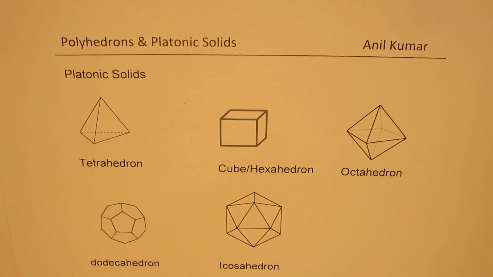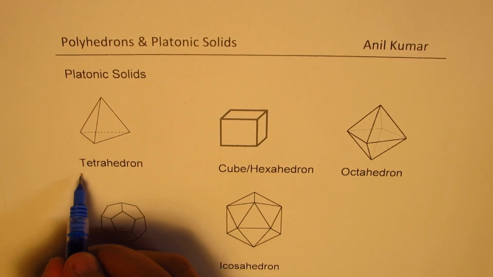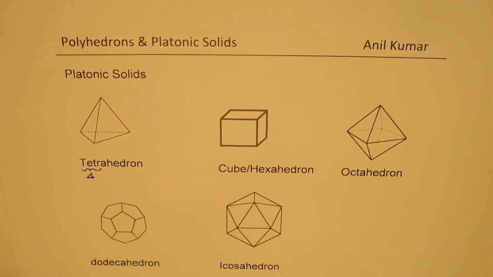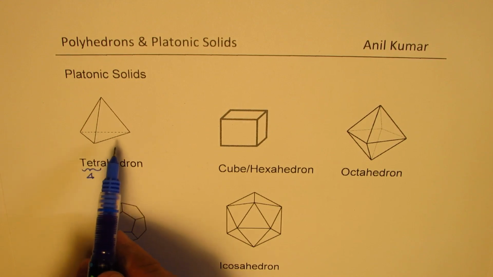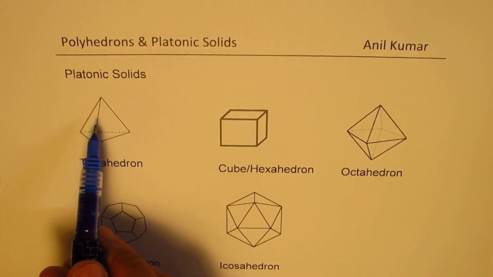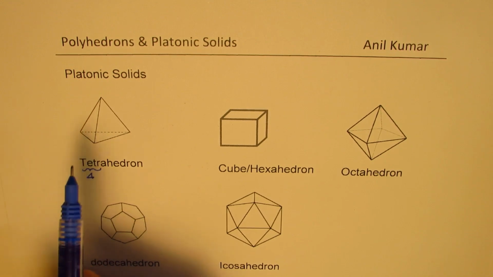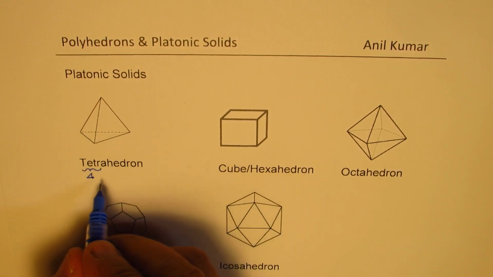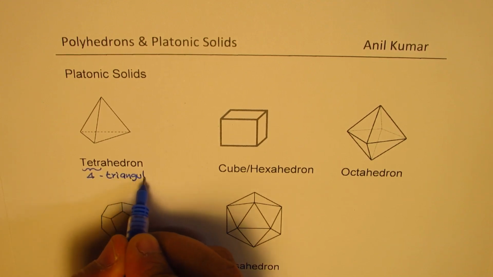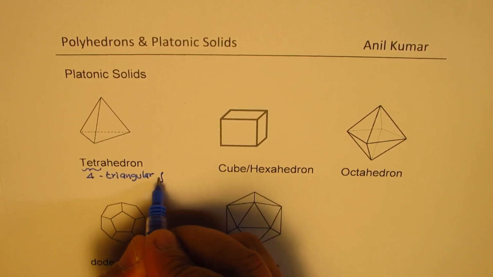Tetra means 4. So the number of polygons here is 4. So we have 4 triangular faces.